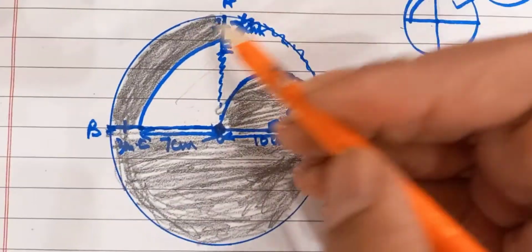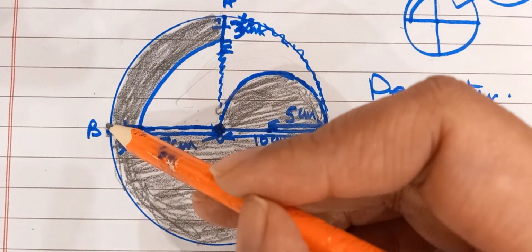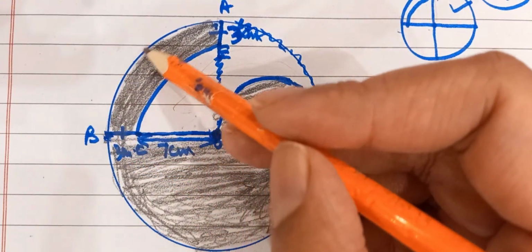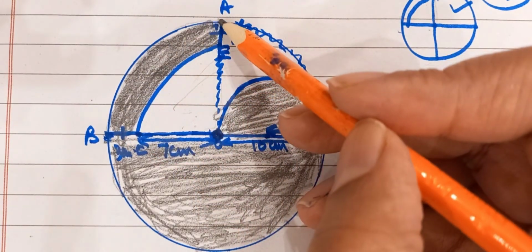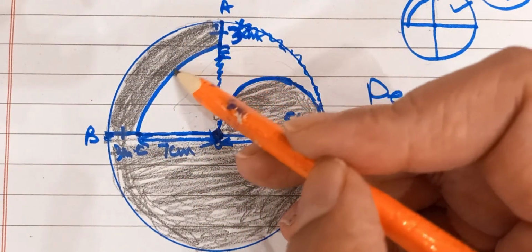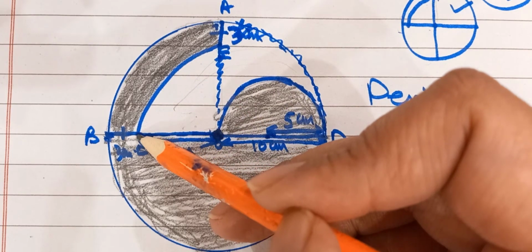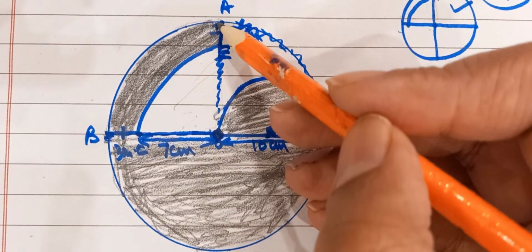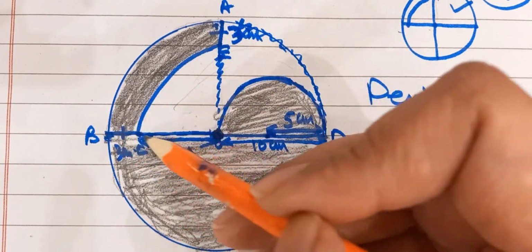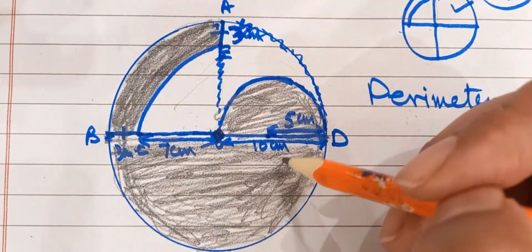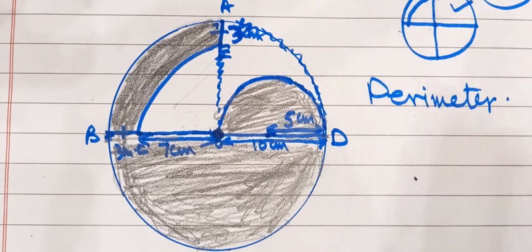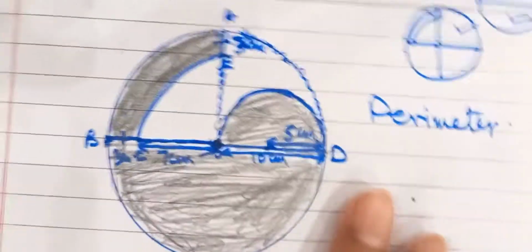So what am I going to find? The circumference of the outer side of the quadrant, and secondly the circumference of the inner side of the quadrant, plus this side and this side. If I add them together, only then I will get the required perimeter.